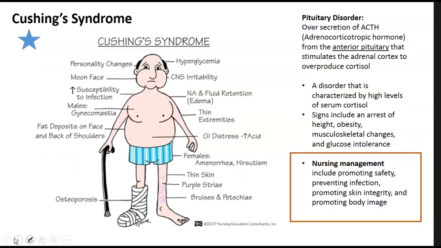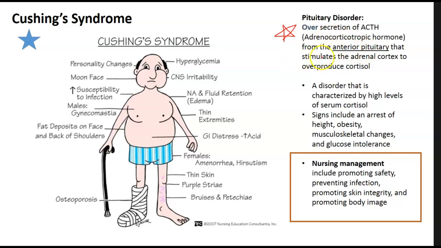So this is one of the conditions that you do need to know. Cushing's. So you will see this again, kind of a deja vu moment later when we get to adrenal disorders. But this is going to be an oversecretion of ACTH, which is adrenocorticotropic hormone from the anterior pituitary.